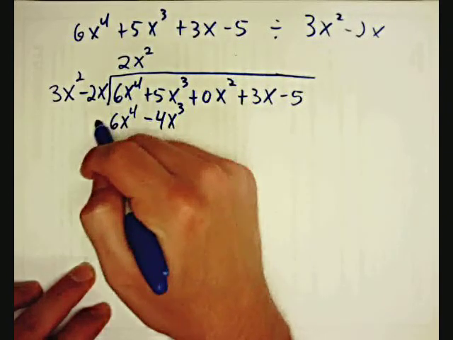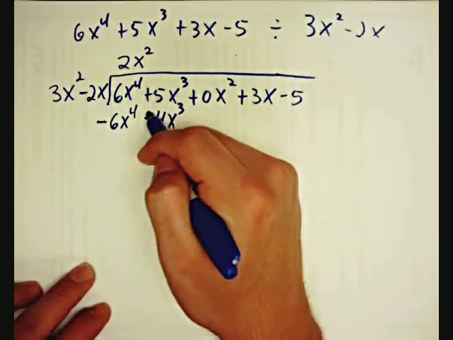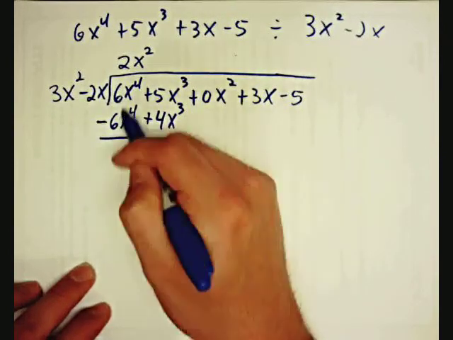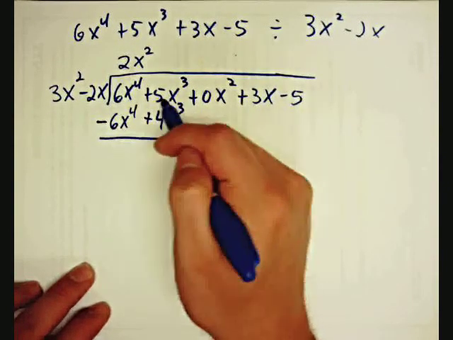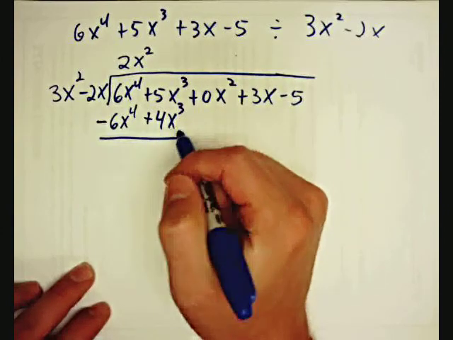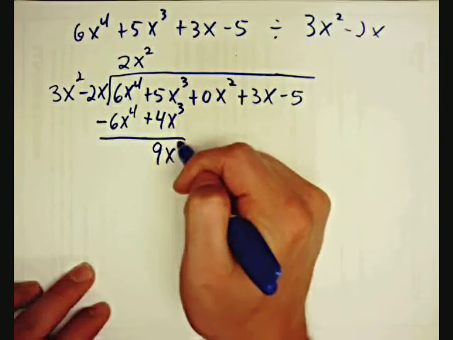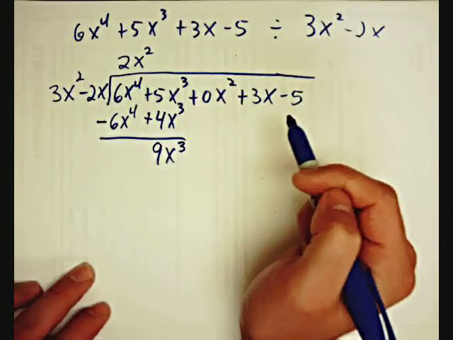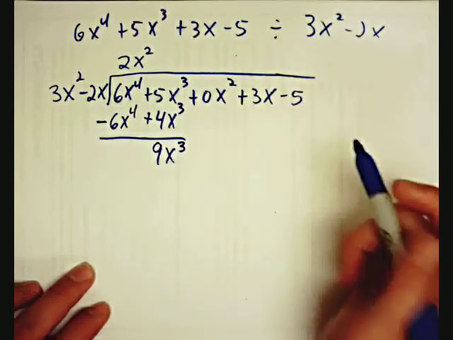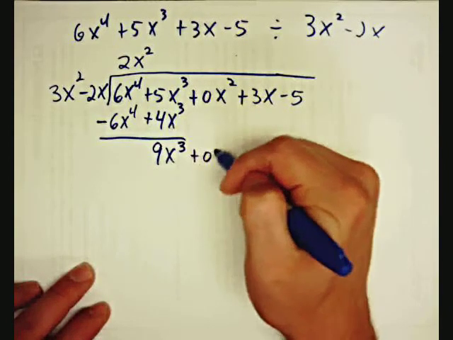Subtracting, minusing a negative will become plus. First two give me 0. 5x cubed plus 4x cubed is 9x cubed. Bring down the next term, 0x squared.